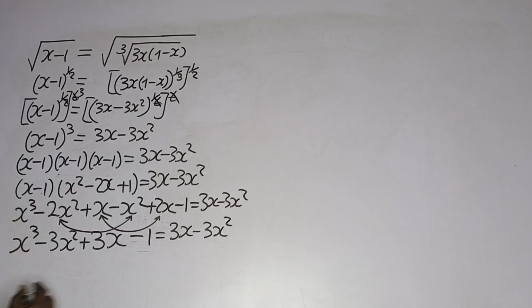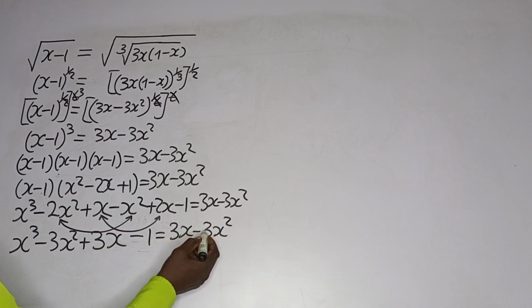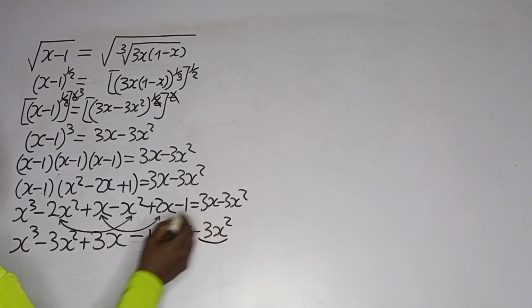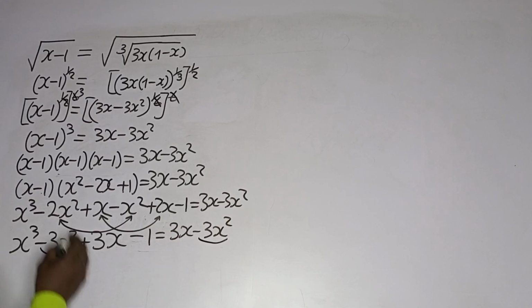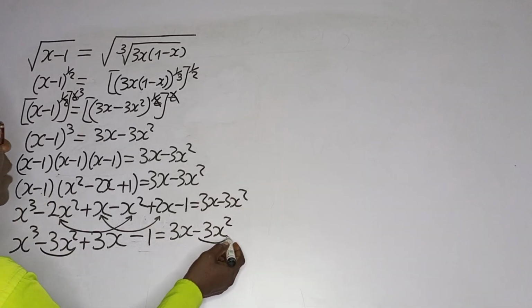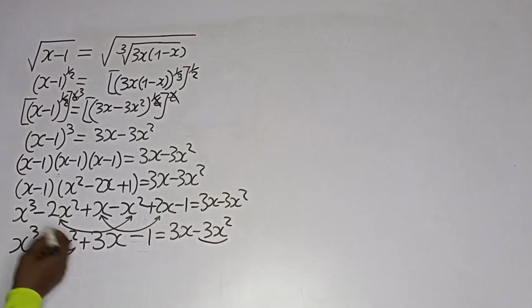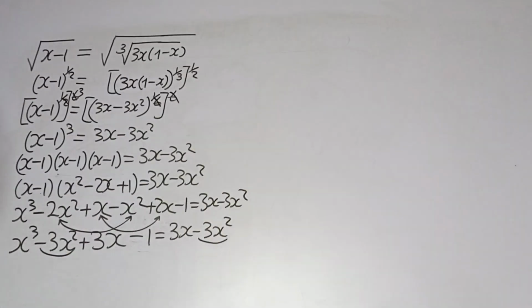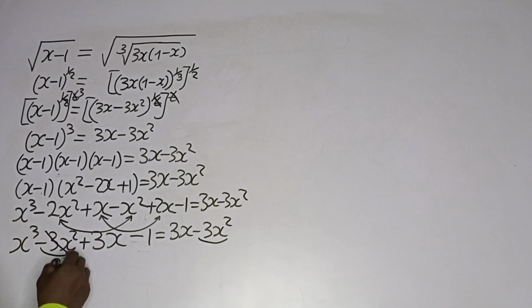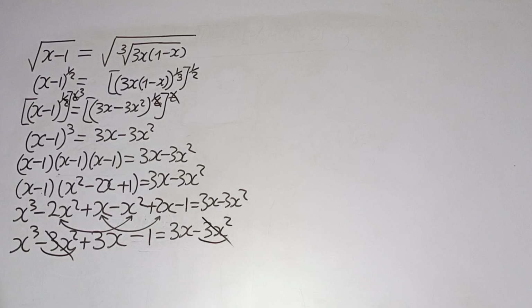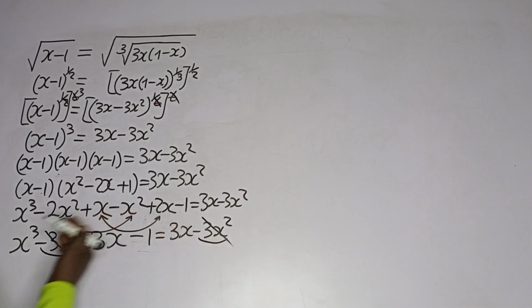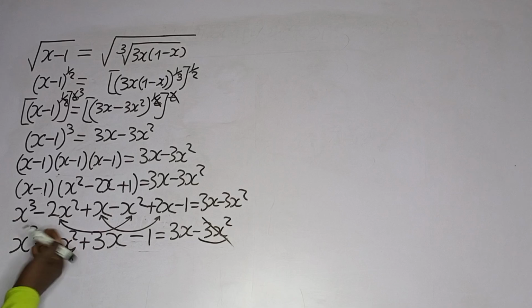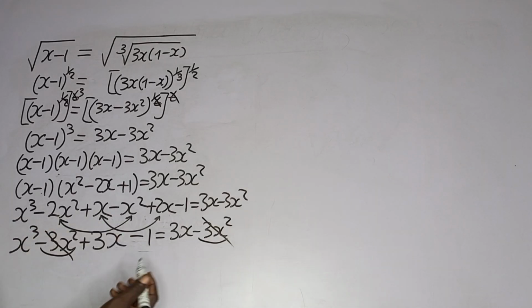Now we see negative 3x squared on the left hand side and negative 3x squared on the right hand side, so they just cancel out. Since they are the same term, if you bring this one over, it becomes positive 3x squared, so positive 3x squared minus 3x squared is 0.